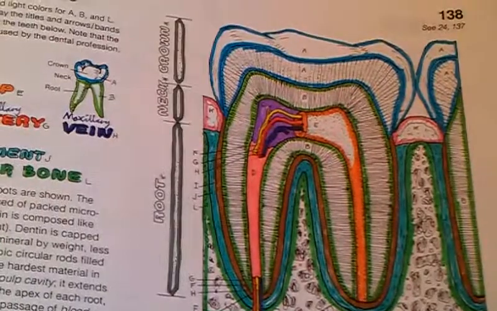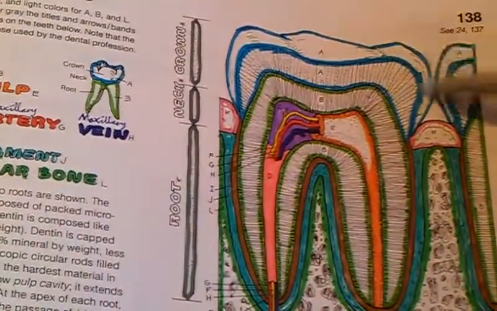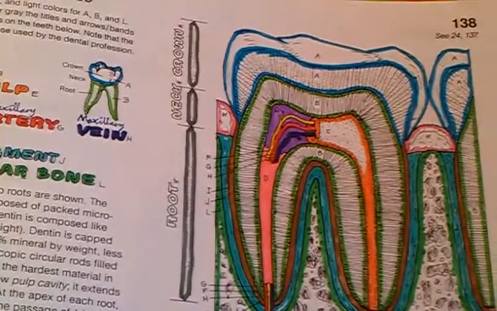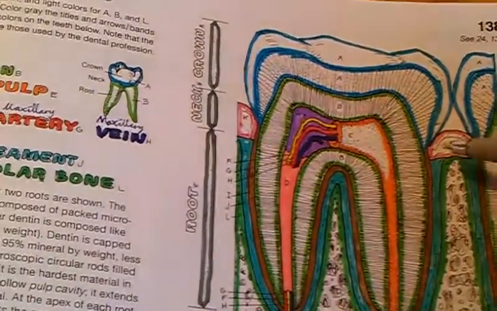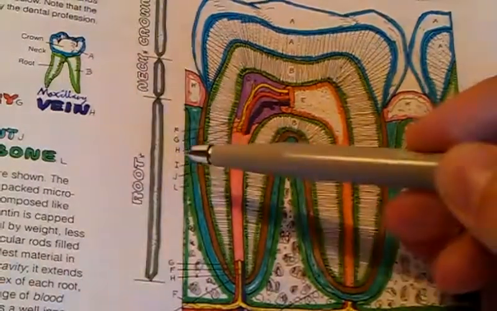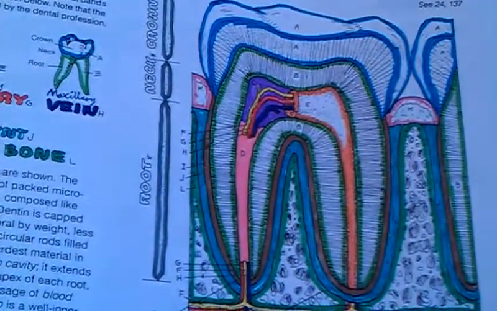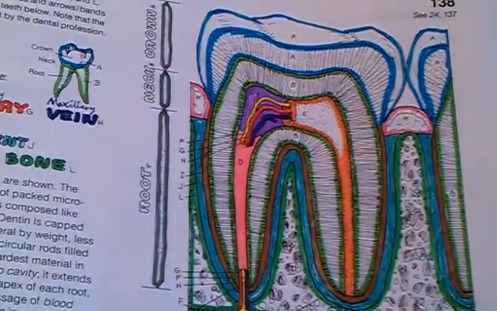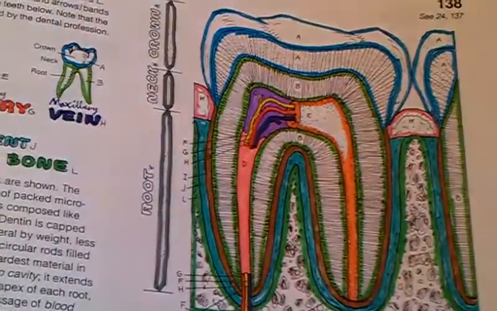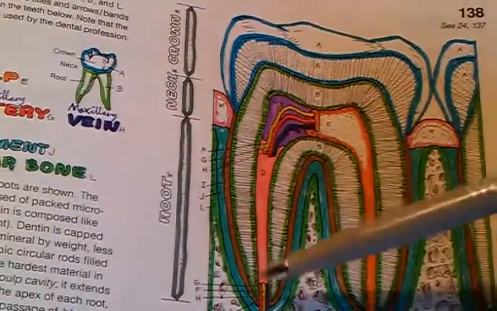The crown is covered by enamel, and cementum covers the neck and root. That's the brown. That's cementum.